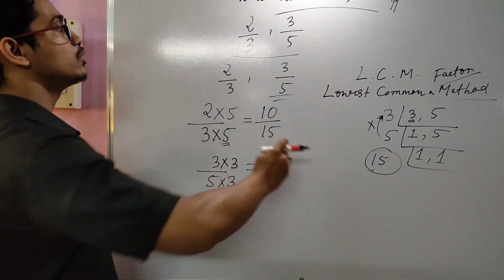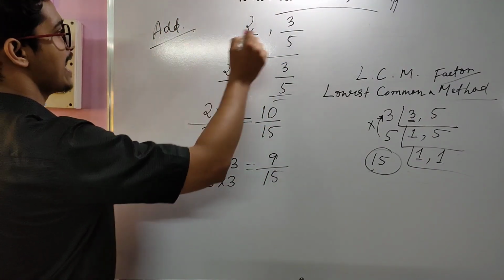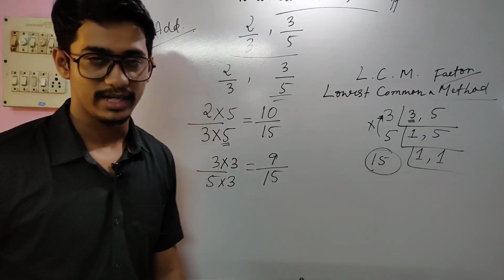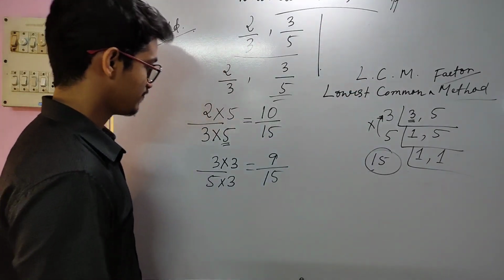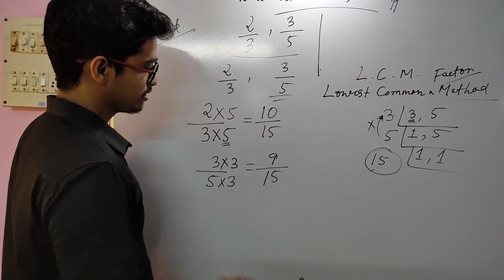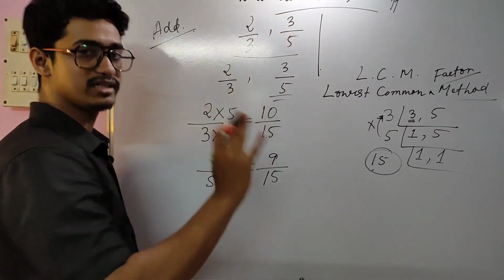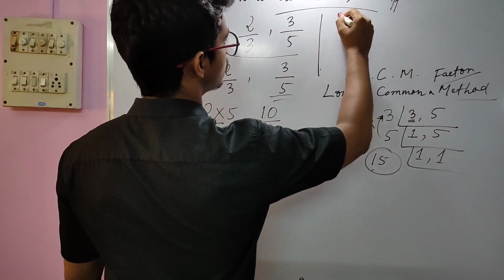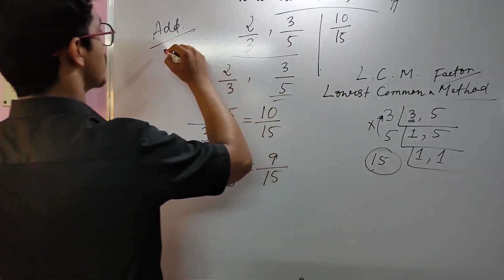Now if we want to add, let's say, that is the question: add 2 by 3 and 3 by 5. So what do we have to do? Now the process is there. 10 by 15 is there and 9 by 15 is there. That is the equivalent fraction of 2 by 3 and 3 by 5. We just simply write those fractions, that is 10 by 15. And what is the operator over here?